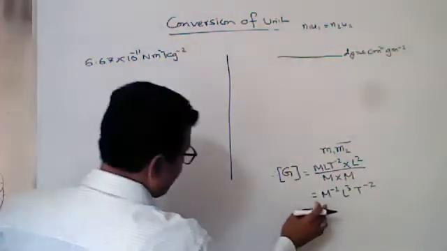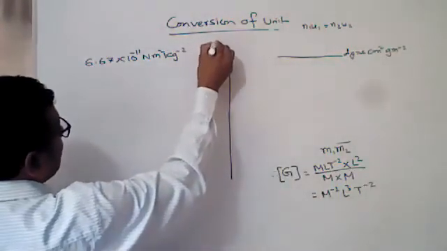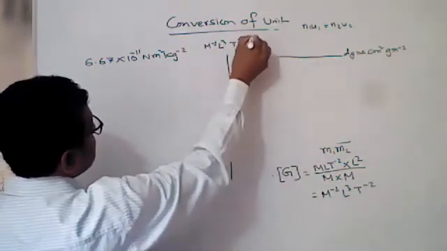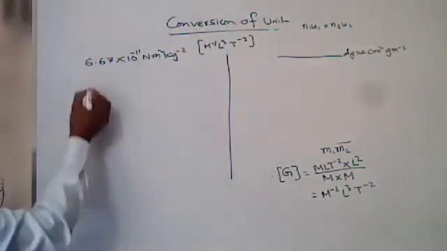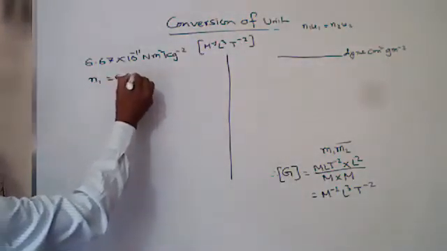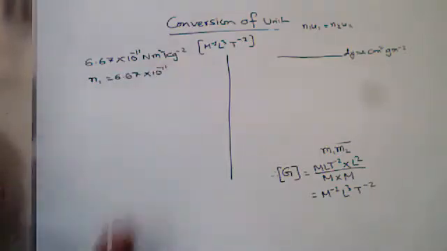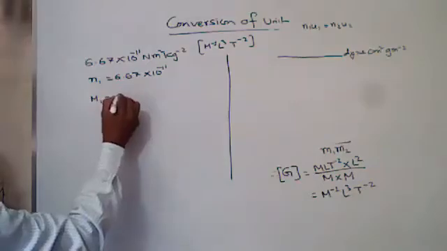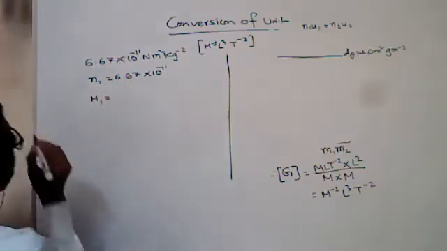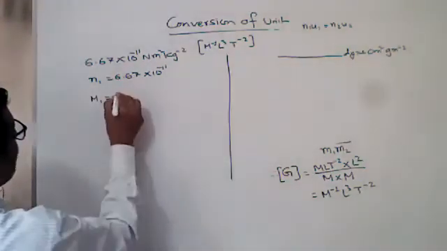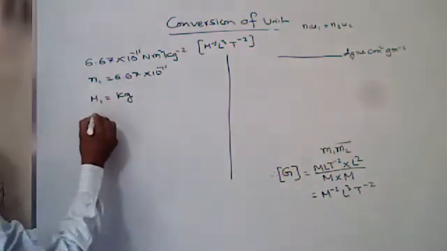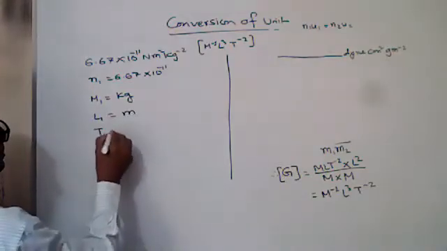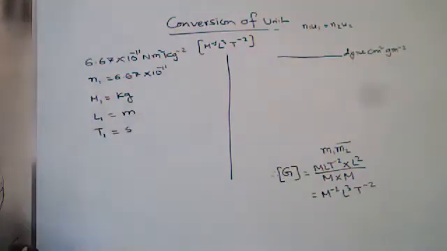For this, we know the dimension of G is M inverse 1 L cube T inverse 2. Now here N1 equals 6.67 into 10 to the power minus 11, and M1 equals kilogram, L1 equals meter, and T1 equals second.